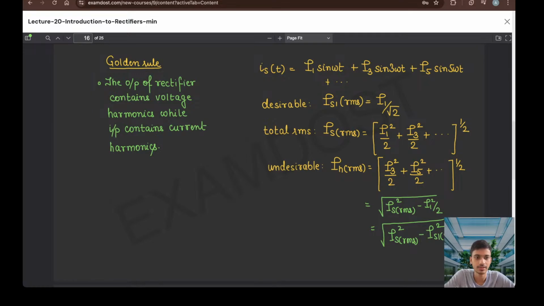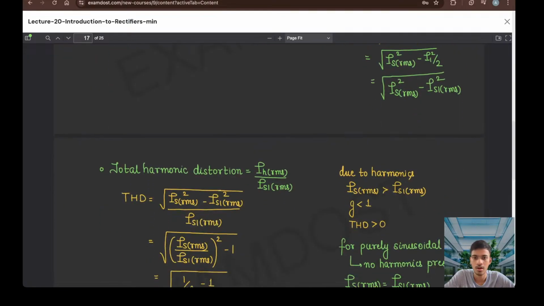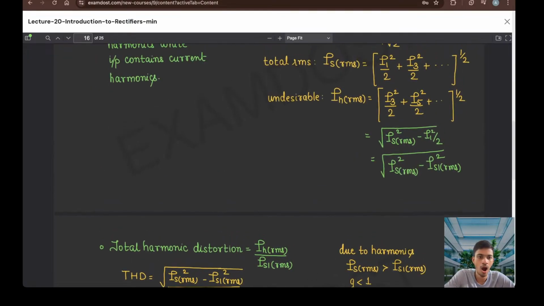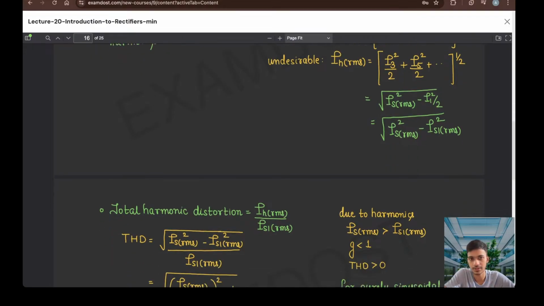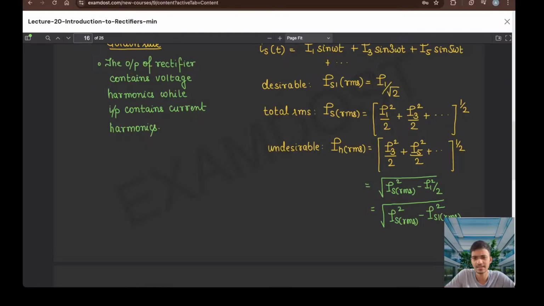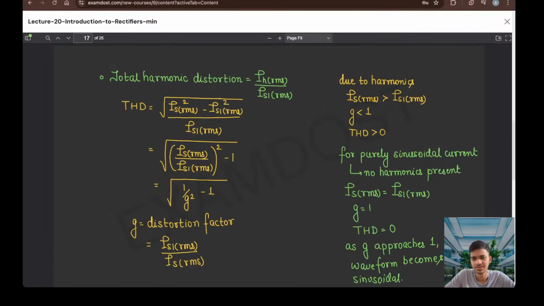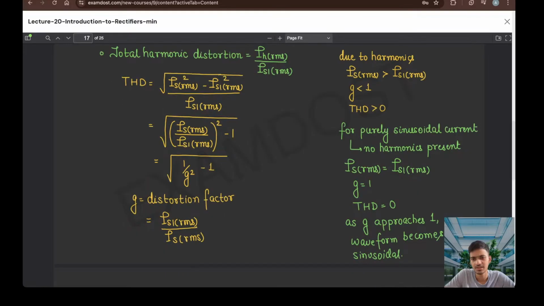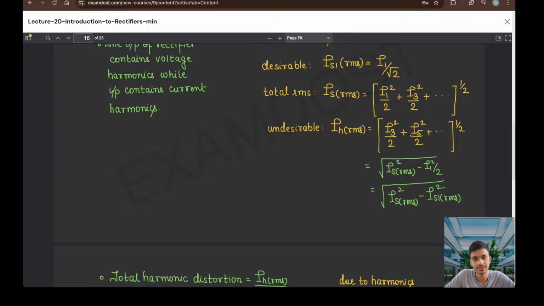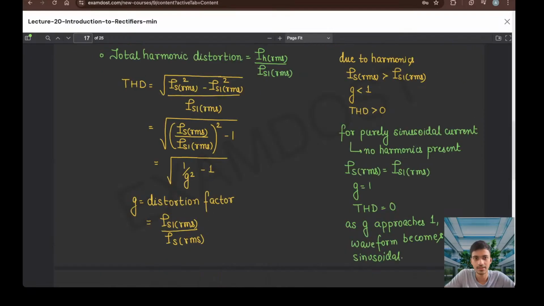The undesirable part is the total minus the fundamental. Similarly, G is the distortion factor: the desirable part, IS1 RMS, over the total, IS RMS.